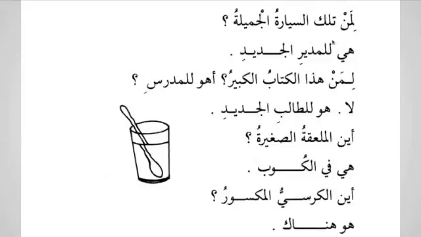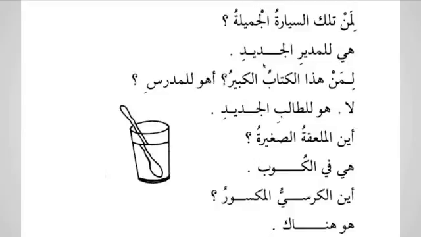So let's do a few more questions just to get some practice. Liman tilka sayyaratul jamila. To whom does it belong? Liman. Tilka is feminine because sayyaratu is feminine. Tilka sayyaratu. So we know sayyaratu is badal for tilka. And sayyaratu has a naat, so we describe it as whose is that new car?